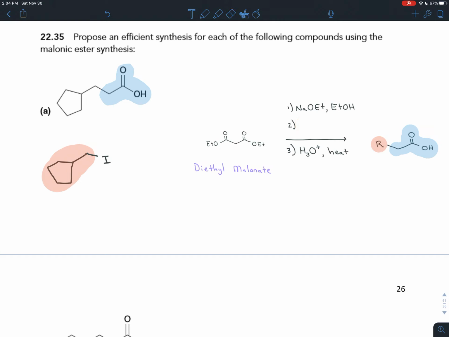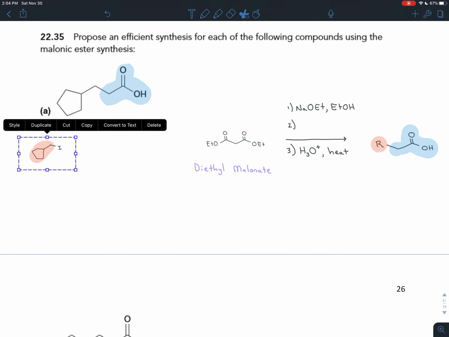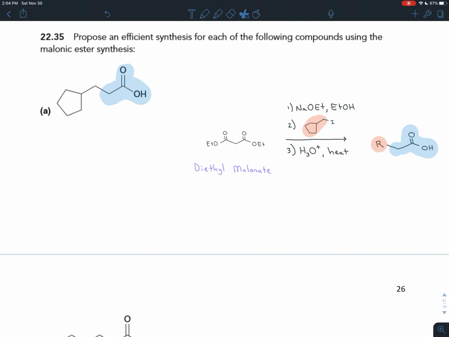And so you can take this specific alkyl halide, have it in your second step, and your product will be what they gave you here. And there we have our product, which is the original molecule that they drew in.